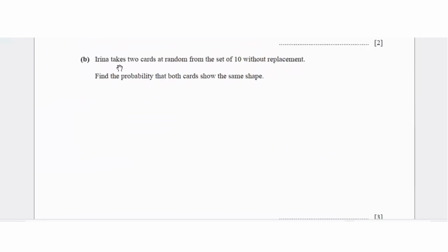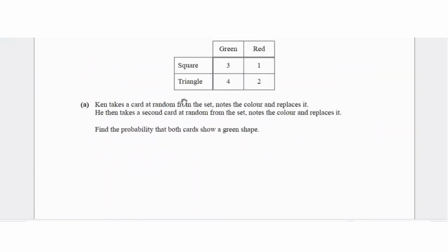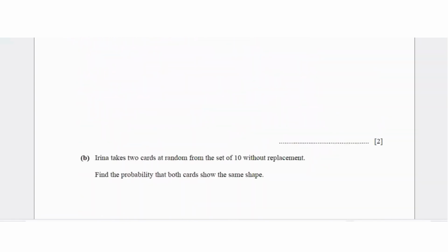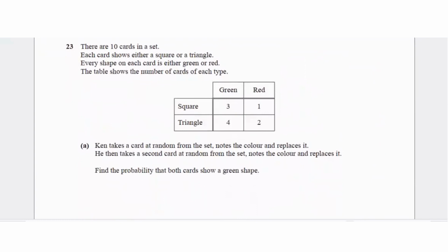In part B, it says Rina takes 2 cards at random from the set of 10 without replacement. Find the probability that both cards show the same shape. So for both the cards to show the same shape and there is no replacement, same shape is 4 over 10 times 3 over 9, or 6 over 10 times 5 over 9.